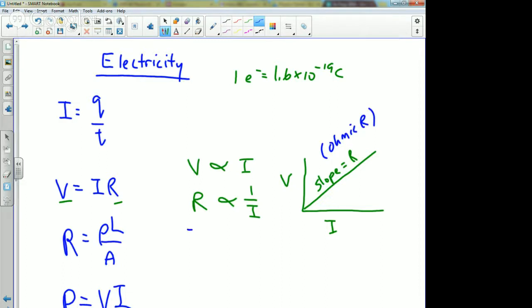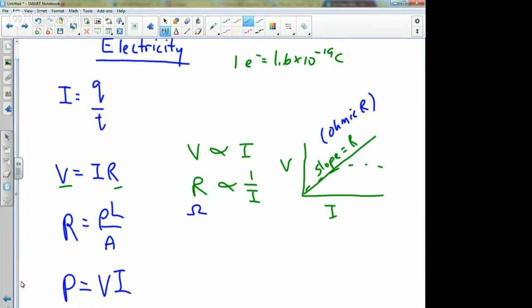Ohms is a unit for resistance. Some non-ohmic resistors might start curving one way or the other. Do they have those on the AP? I don't think so. In general, just understand slope is equal to resistance.